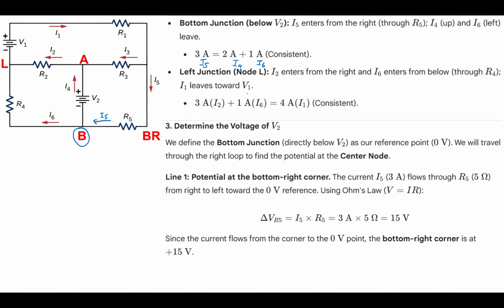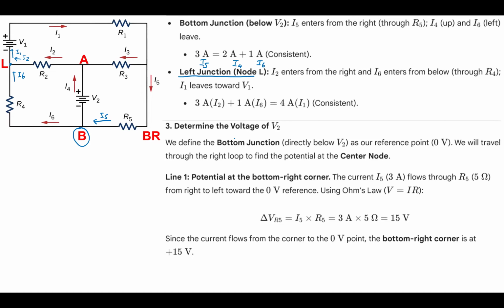Okay. So what we are going to find out is the left junction, node L. L is here. I2 enters, and I6 also enters. If you look at it, I2 comes, I6 comes in, and then I1 is actually leaving out.